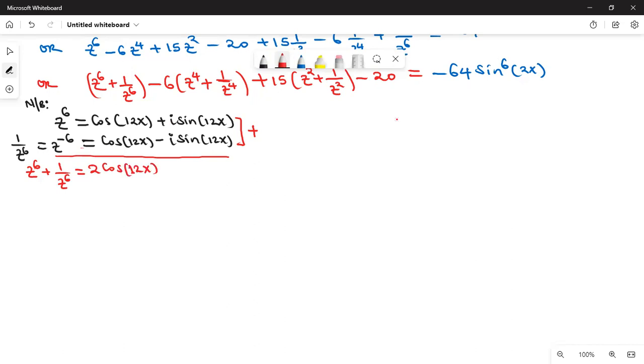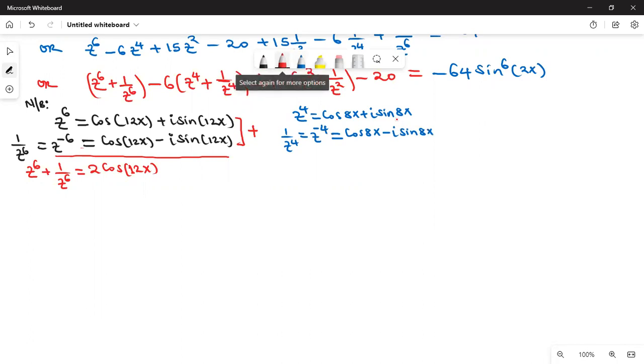Similarly, let's work out z raised to 4 plus 1 over z raised to 4. So z raised to 4 is equal to cosine of 8x plus i sine of 8x. 1 over z raised to 4 is the same as z raised to negative 4, which is equal to cosine of 8x minus i sine 8x.